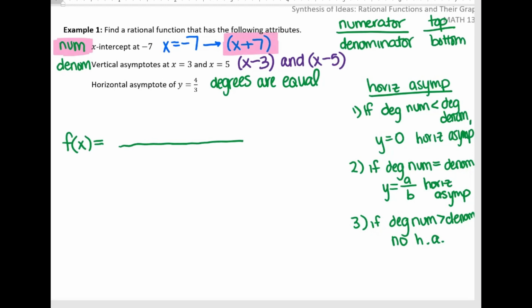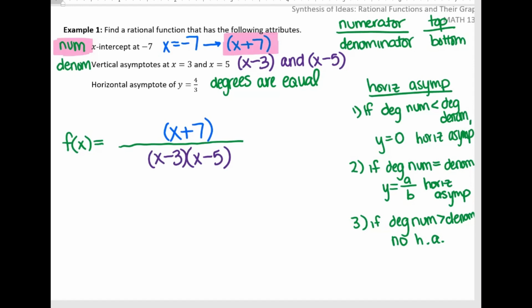We're going to put the factors, so x plus 7 goes up top. In our denominator, we have our vertical asymptotes, which we said came from x minus 3 and x minus 5. Okay. We have a horizontal asymptote of y equal to 4/3.